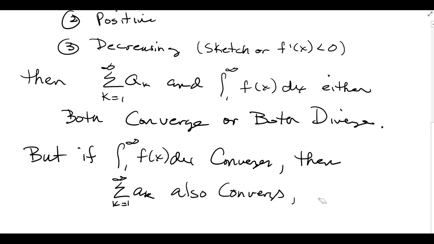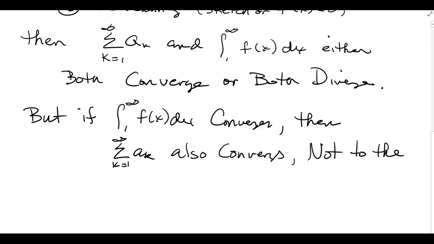Because remember, the integral is the area under the curve. The series is the summation of each discrete point. So they're not going to be the same value, but if one does converge, the other also must converge.